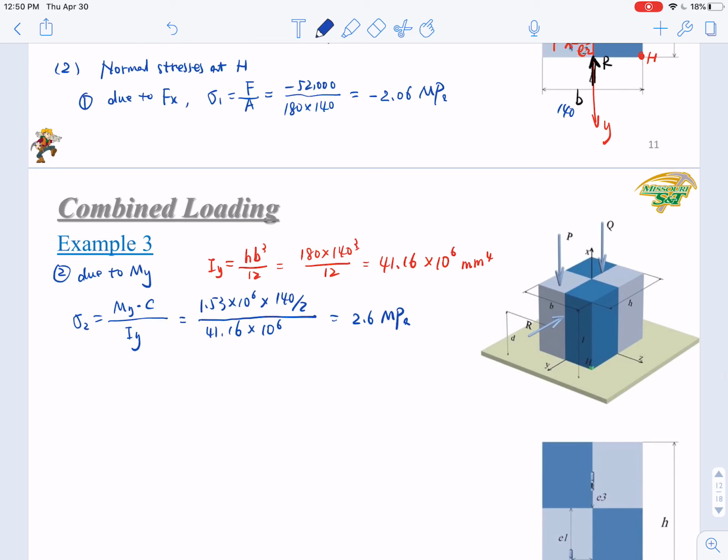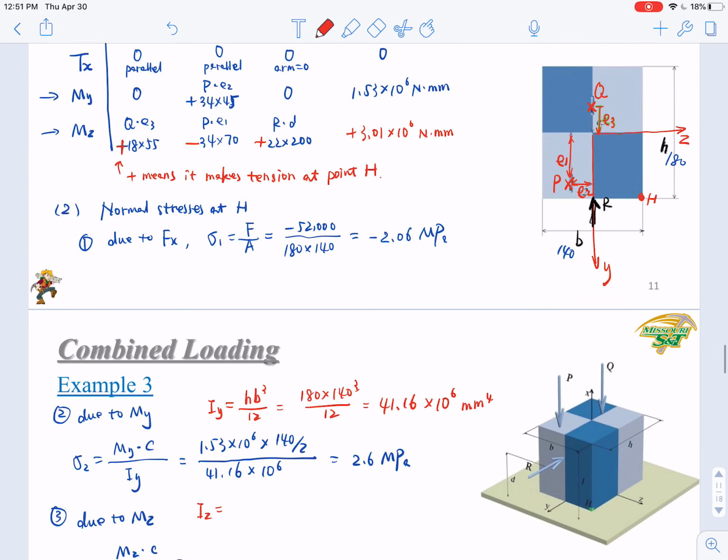And then similarly, the third component is due to Mz. The third component will be Mz times C over Iz. So what is Iz? Look at the cross section again.